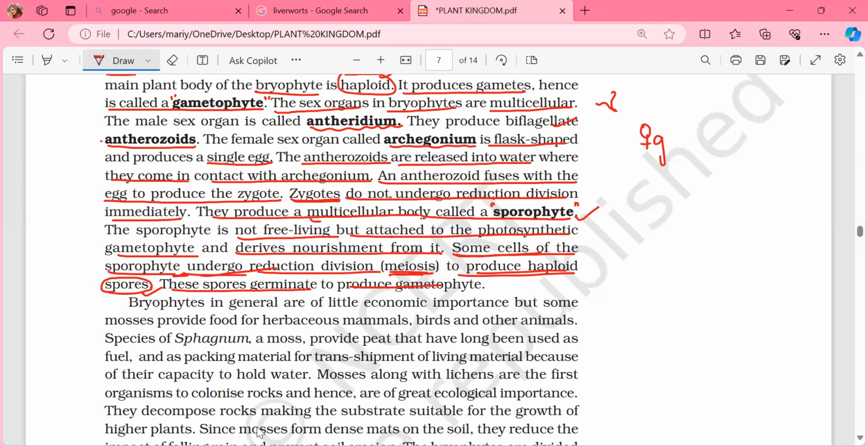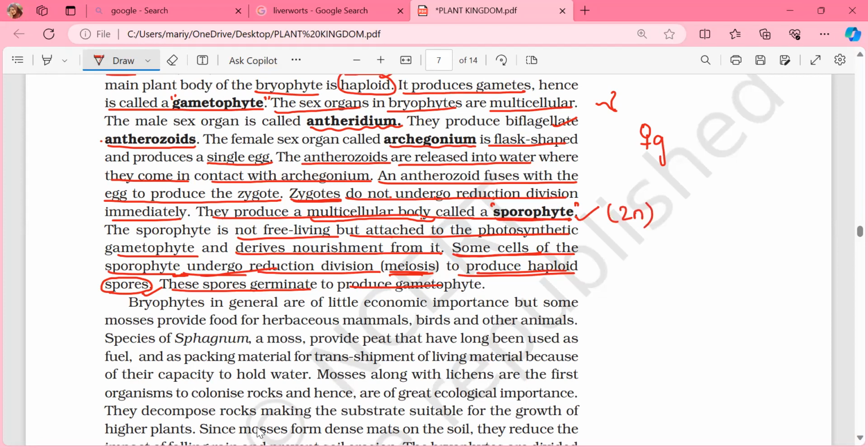How are many cells being formed? By which division? Mitosis. So, instead of immediately undergoing meiosis, the zygote undergoes mitosis to form sporophyte, which is a multicellular body, and this is diploid, 2n.